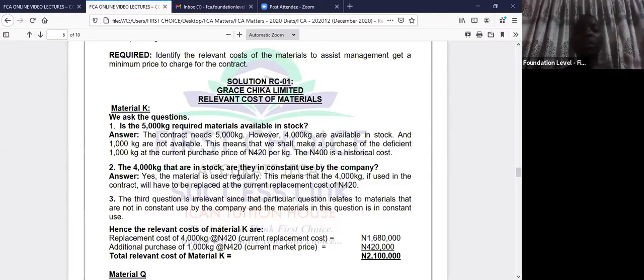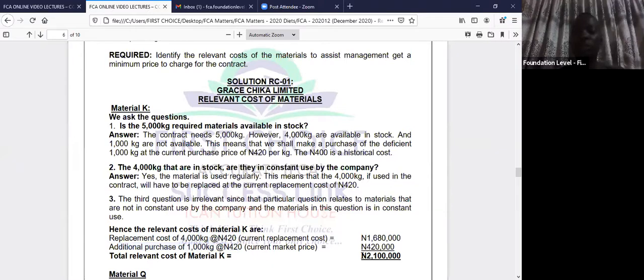Take note, 1,000 kg is not being replaced. It's a fresh purchase. 4,000 kg is being replaced, at how much? At the 420 naira replacement cost. So you look at it here, replacement of 4,000 kg at 420, additional purchase of 1,000 at 420.